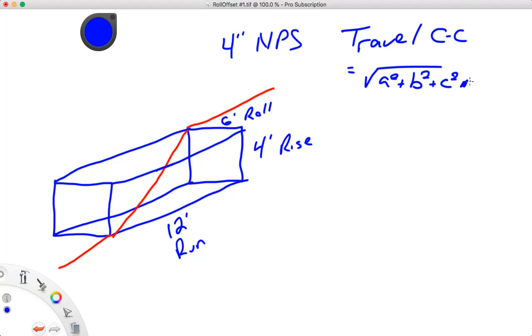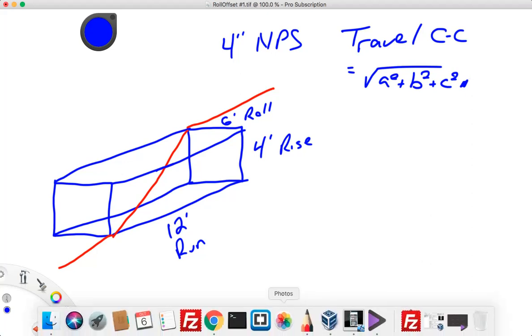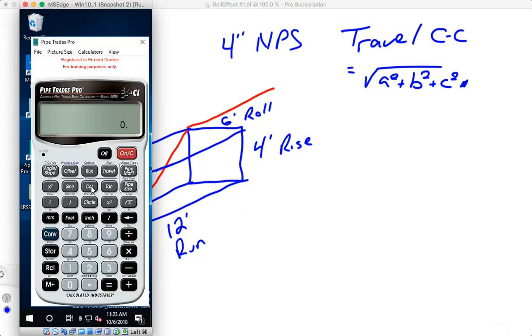So we'll pull up our calculator. Okay, clear it out. It doesn't matter which side you call A, what side you call B, or what side you call C. Okay, so I'm just going to go right around the diagram. 12 feet. Make sure you include the dimensional feet and inches there.